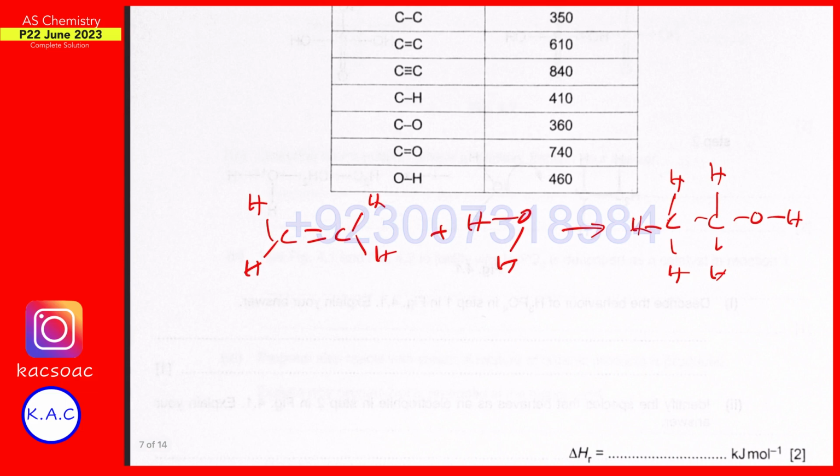Some bonds are common on both sides, so I'm going to basically delete these bonds. One CH bond over here, one CH bond from here, one CH bond from here, one CH bond from here, one CH bond from here, one CH bond from here, one CH bond from here, again one CH bond from here.